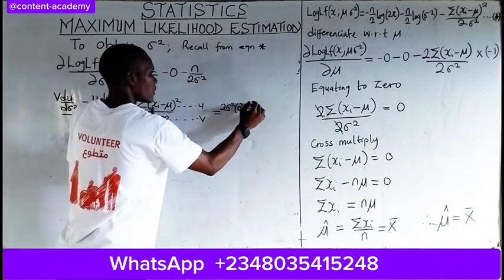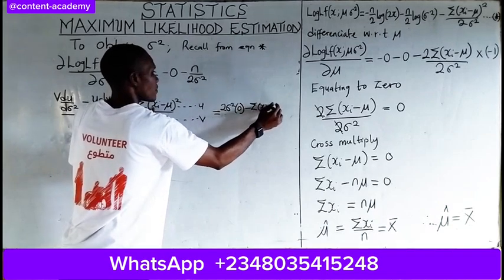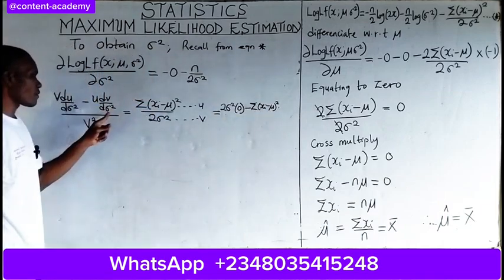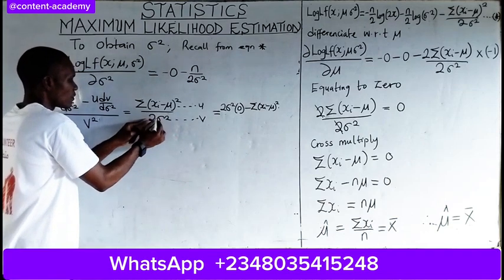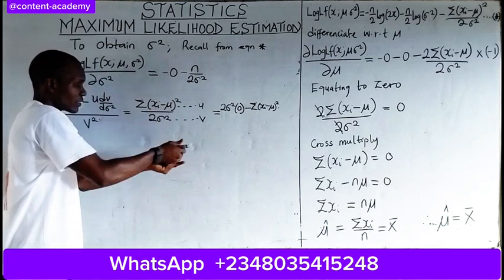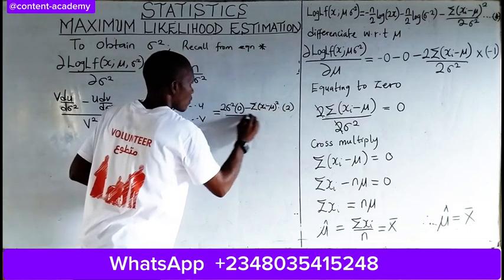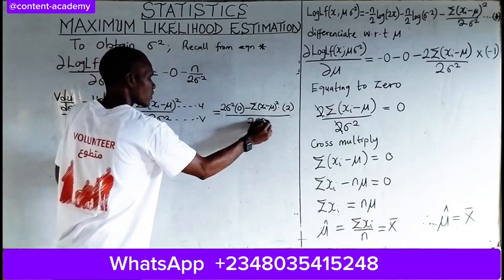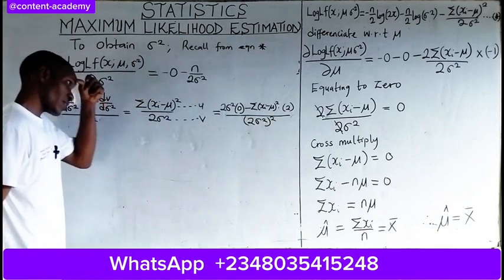We'll put u here. Summation of (xi minus mu) all squared. And the dv all over d sigma squared. So we are differentiating this. The whole of this is a constant. If you differentiate 2 and the constant, you get 2. So you have 2 here. All over, this is 2 sigma squared. So all over 2 sigma squared here.